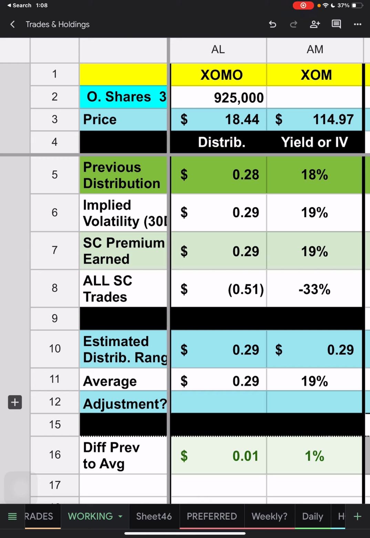But right now we're still in the initial building stages. Like I said, this is the very first one that I've done as far as guesstimates, for entertainment purposes only, for the YieldMax single stock ETFs.